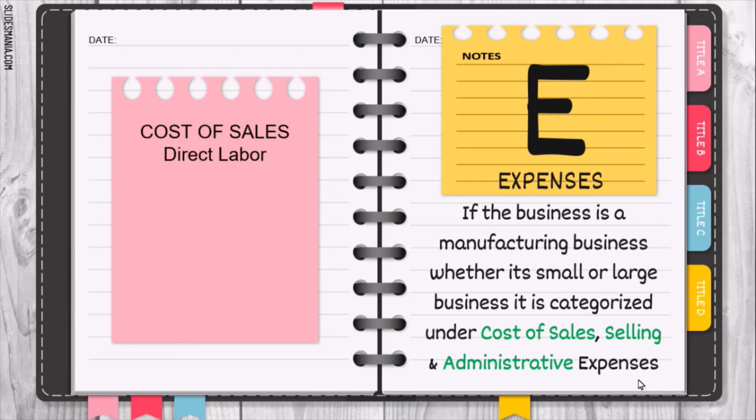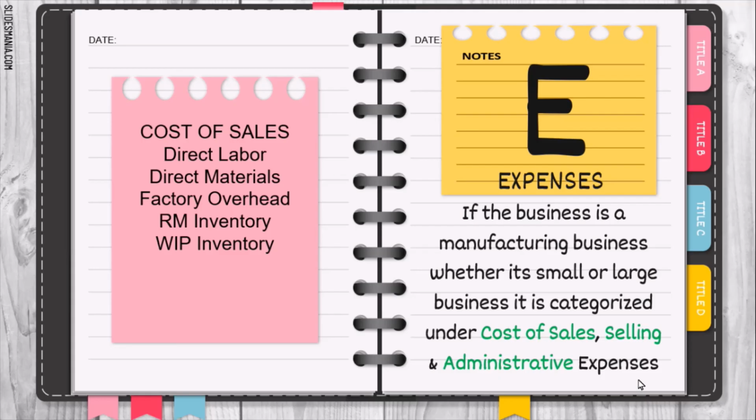But we need to consider the following: direct labor, which is also part of the cost of sales, direct materials, factory overhead, and the inventories, which are the raw materials inventory, work in process inventory, and finished goods inventory. You only use these accounts when your business is a manufacturing business.